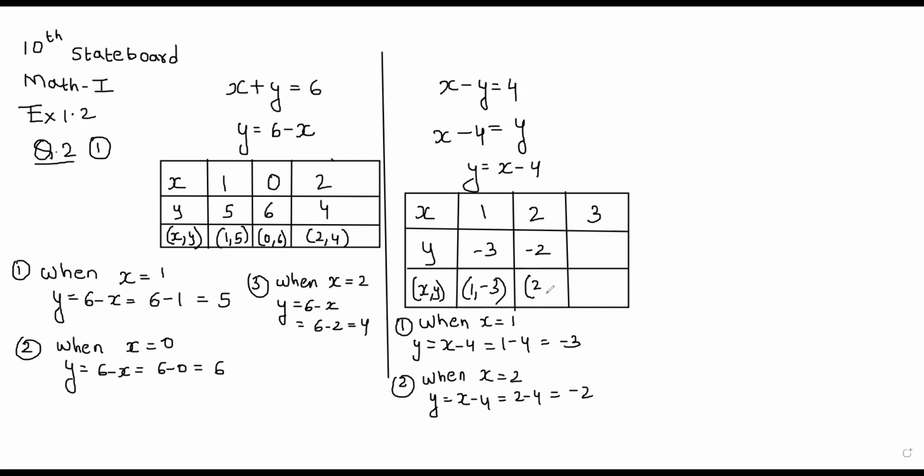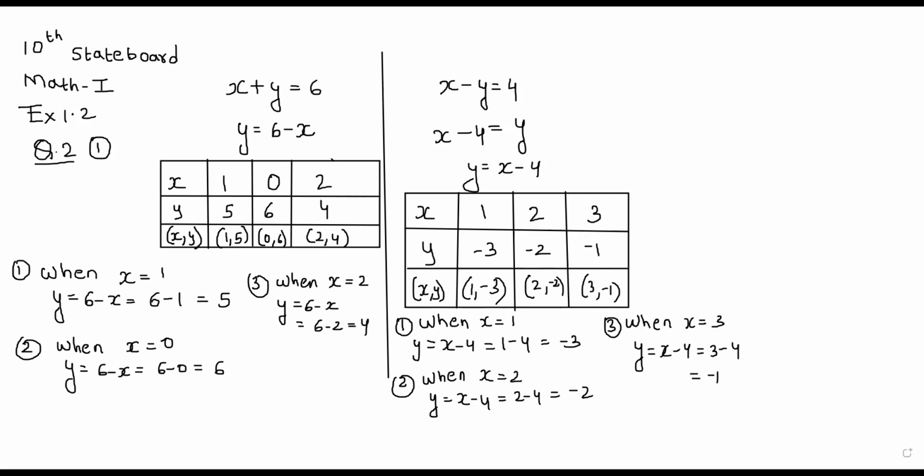So this is 2, minus 2. Then the third one, when x is equal to 3, y is equal to x minus 4, that is 3 minus 4, minus 1. So we get the coordinate as 3, minus 1.